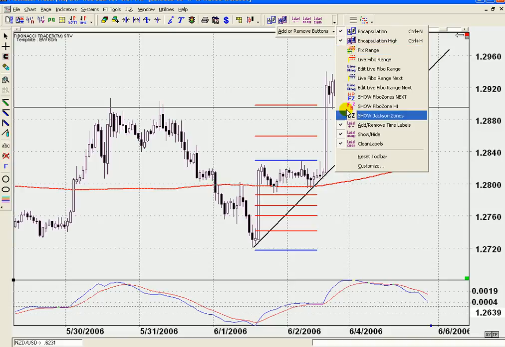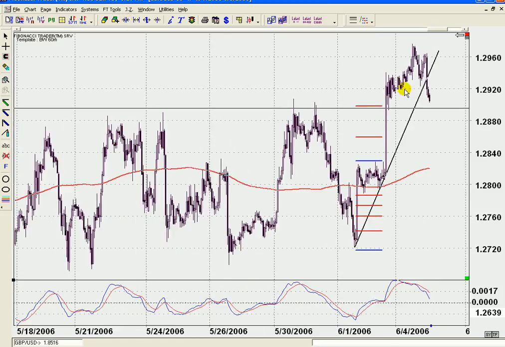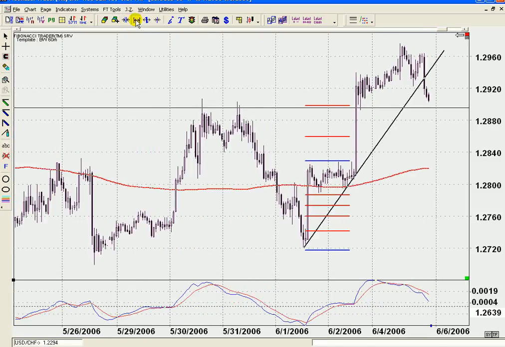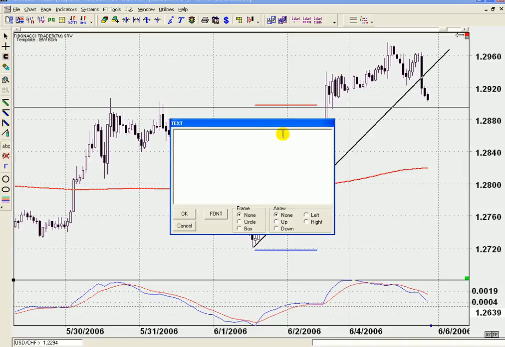The software is quite versatile. We can compress it to bring in more data, or we can expand it to get a larger view. These are just some of the flexibilities that help us with our trading, and make things easier for us as well.